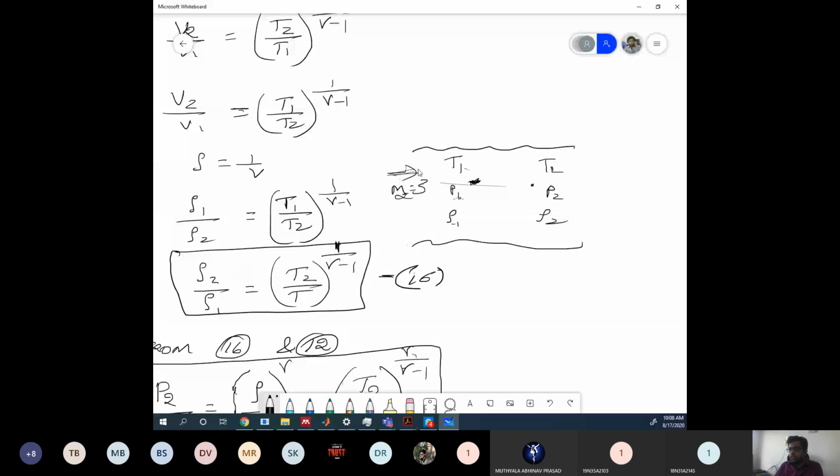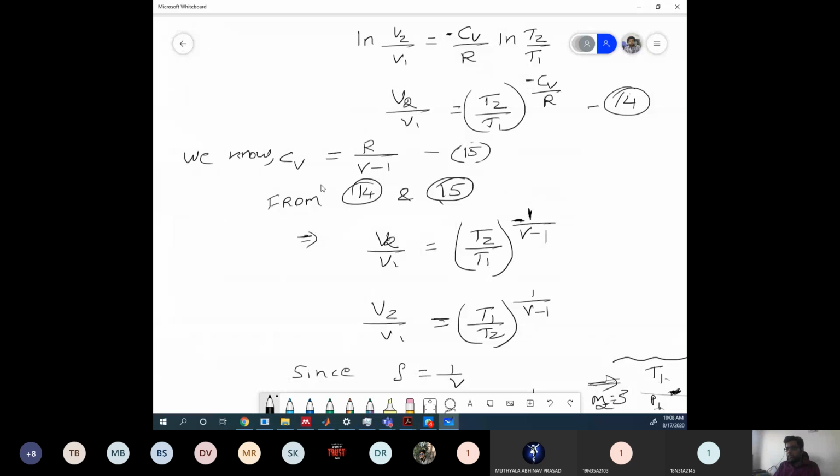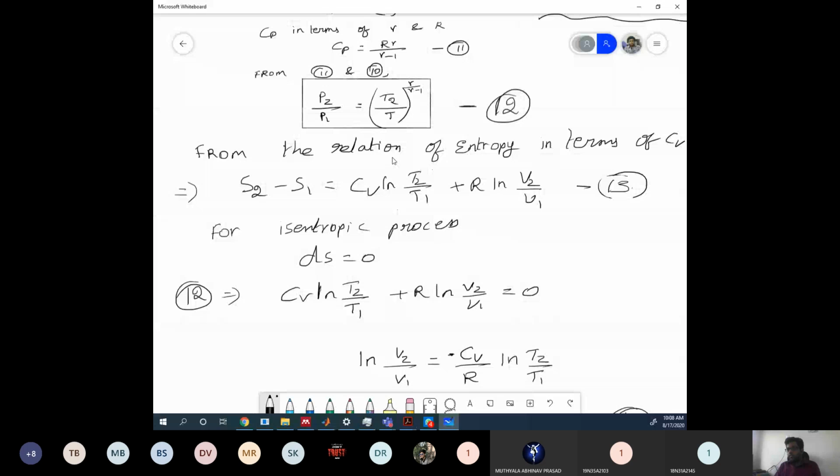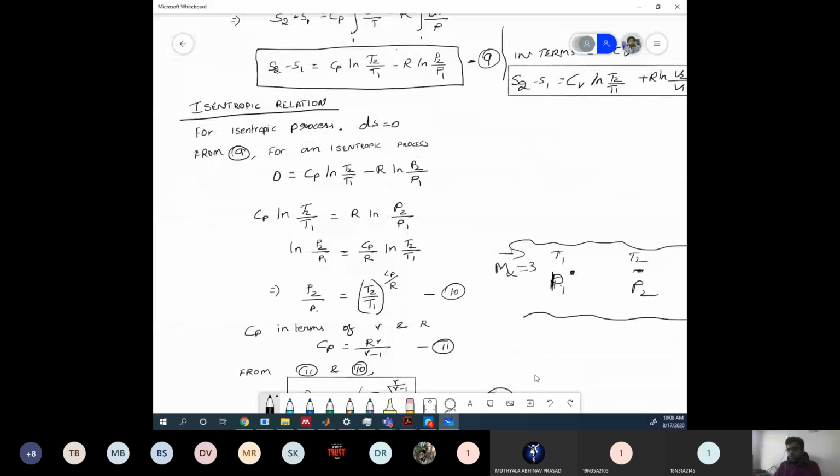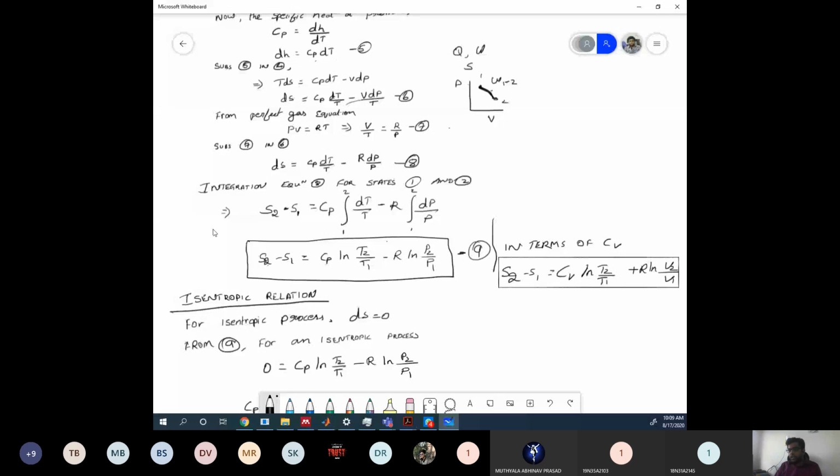For this, we assumed that the flow is isentropic, right? First we derived the relation for entropy, S2 minus S1. Then from that, we assumed that since the entropy is going to be constant, that means ds is equal to 0.